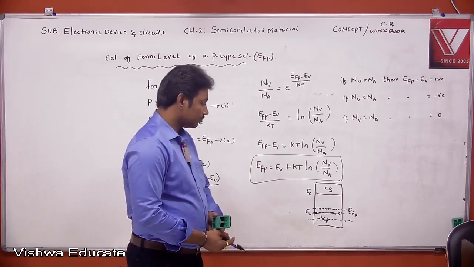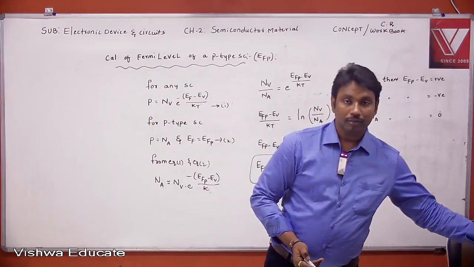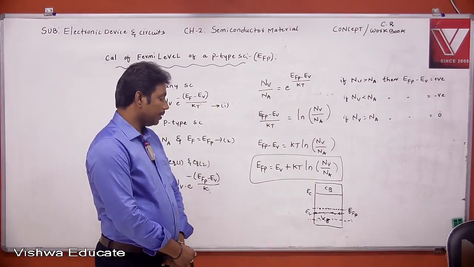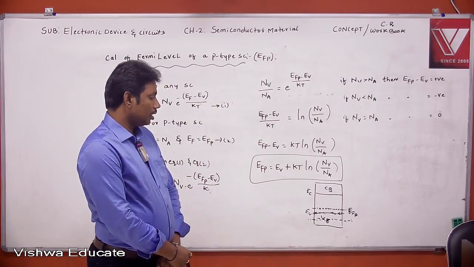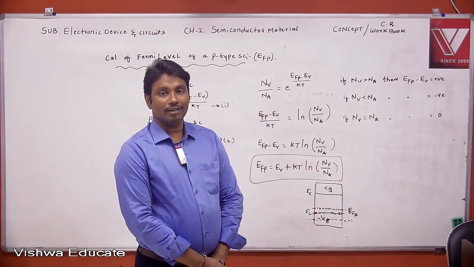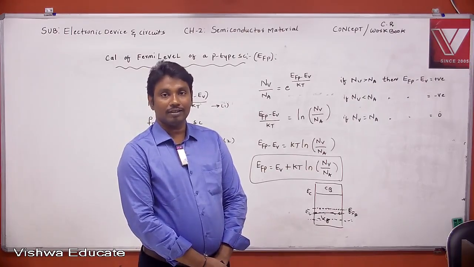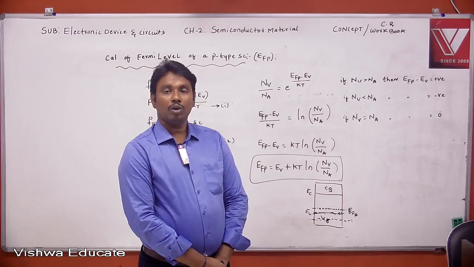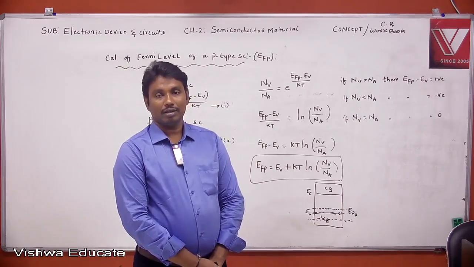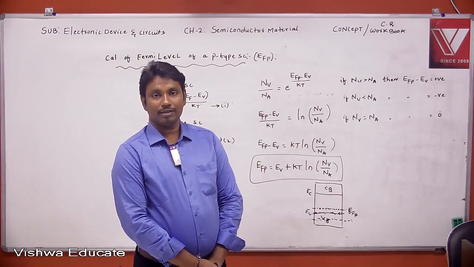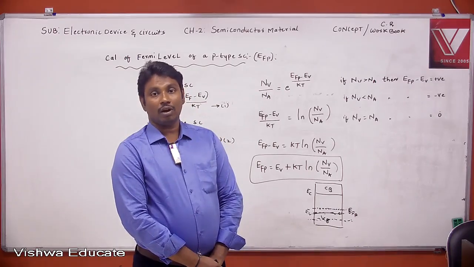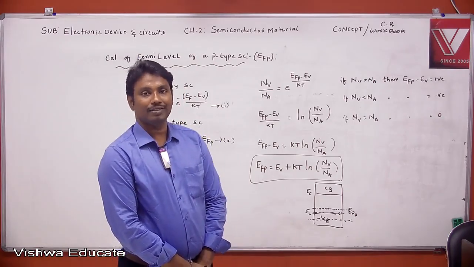This point also, observation. The p-type semiconductor in which the Fermi level lies within the valence band or coincides with the valence band, such a semiconductor is called a degenerate or heavily doped p-type semiconductor.